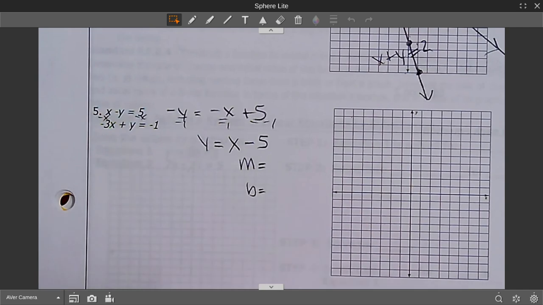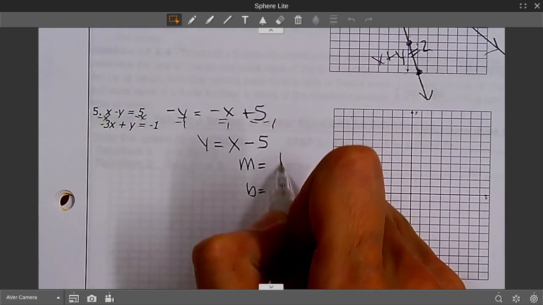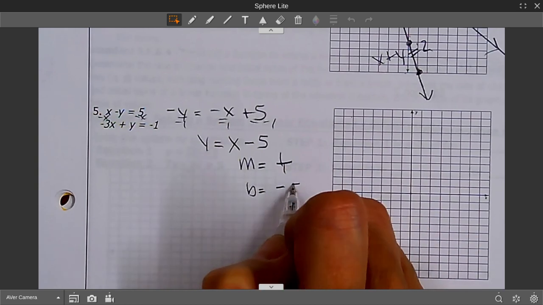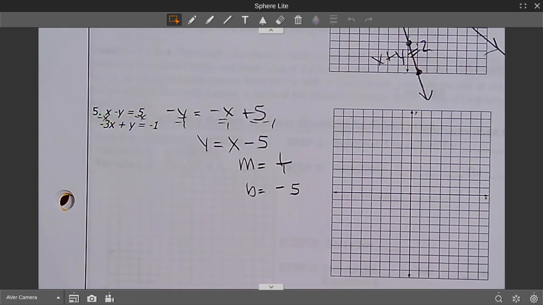Find your m and your b. What's my m? And what's my b? Do you want to graph it right away? Go ahead. And then we'll check it.